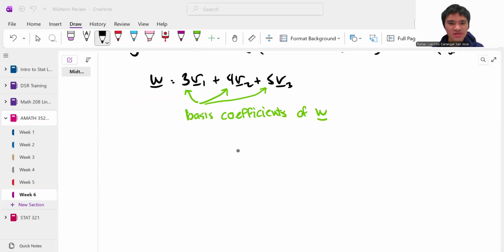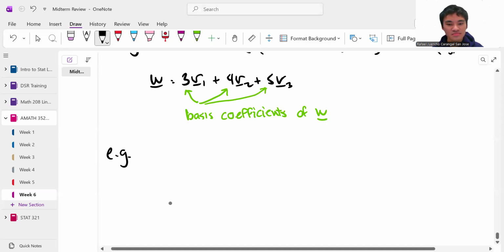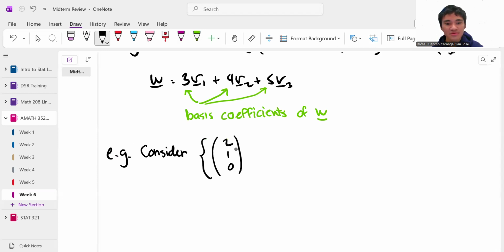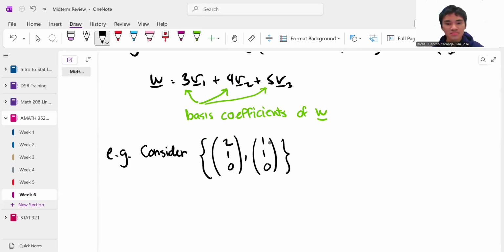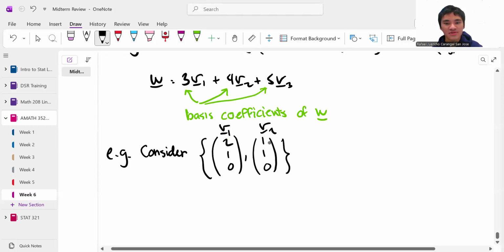Do we have other examples here? Actually, no, this is the last one. Let's actually just do this one, and then we can call it a day. So let's consider this set here, which has (2, 1, 0) and (1, 1, 0). And then we say that this is V sub 1 and V sub 2.